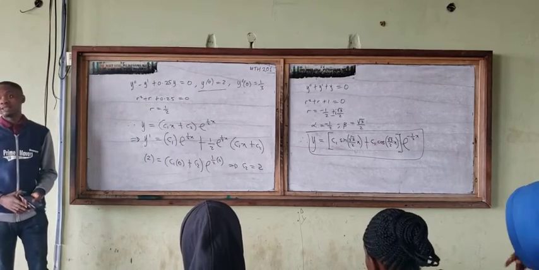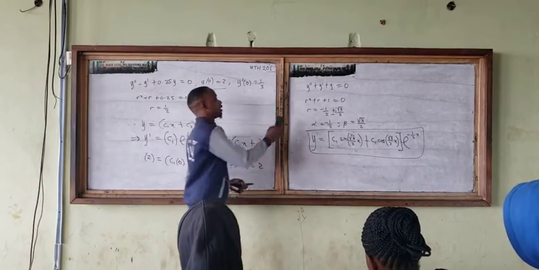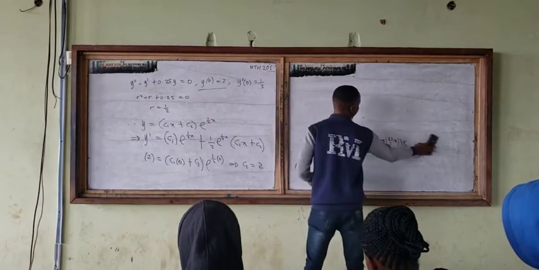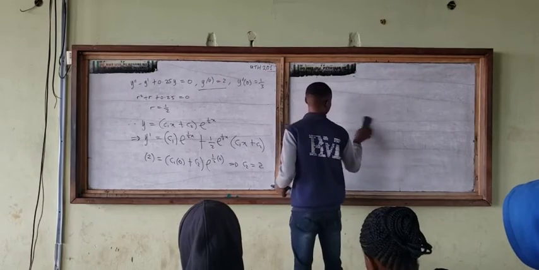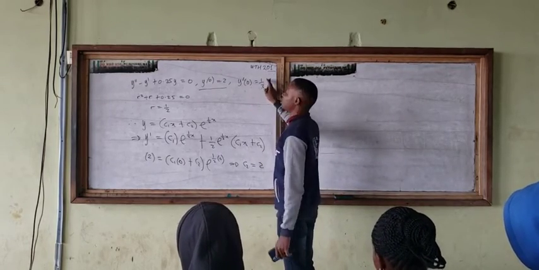Does that make sense? So the next thing is to get our C1. We're going to use this y prime to get our C1. Substituting into these expressions, y prime is equal to 1 over 3 when x is 0.